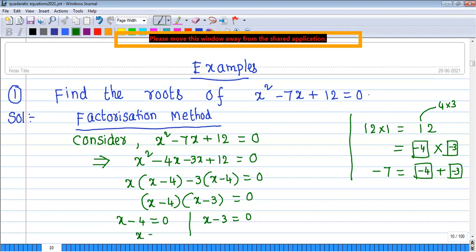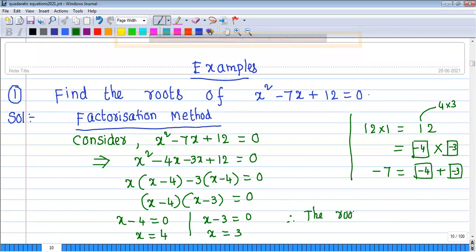So x is equal to, if you take minus 4 to the right hand side, you get 4. If you take minus 3 to the right hand side, you get 3. So therefore, the roots are 3 or 4. This is the answer. This is the factorization method.